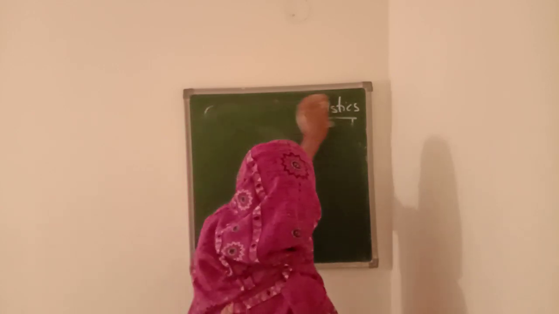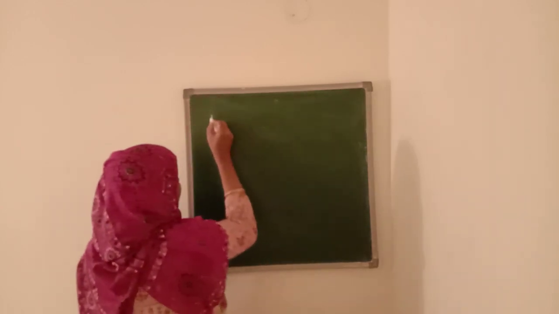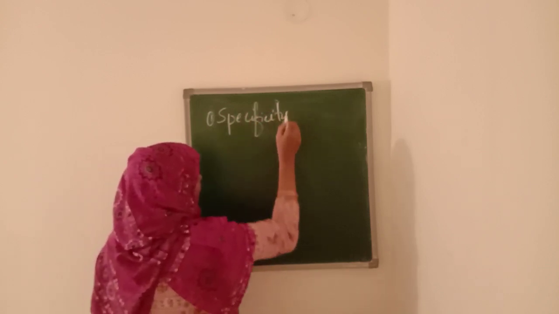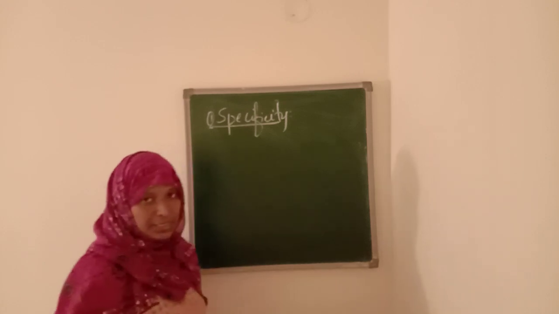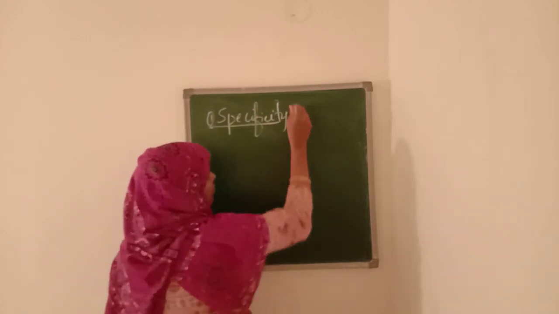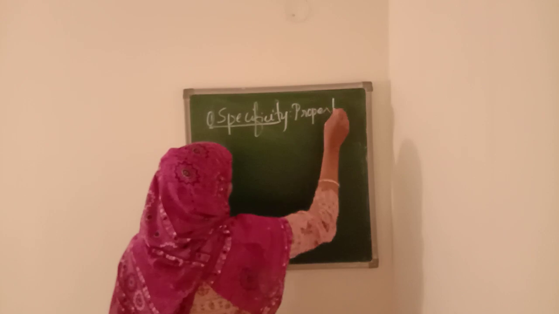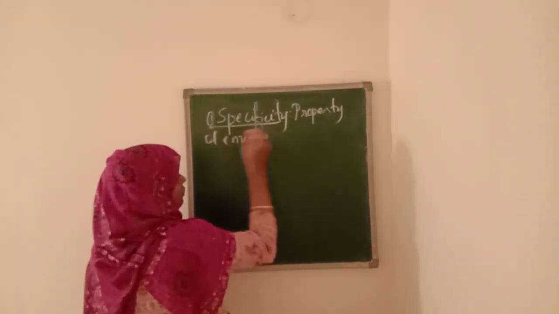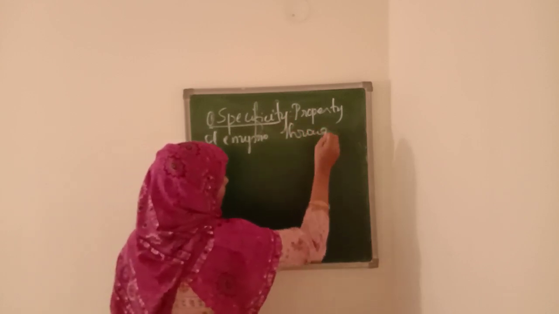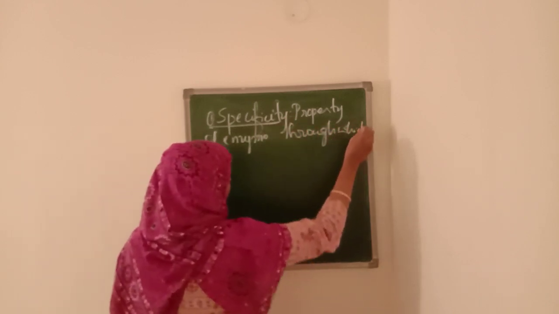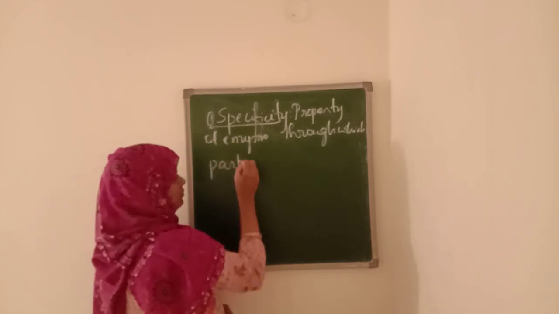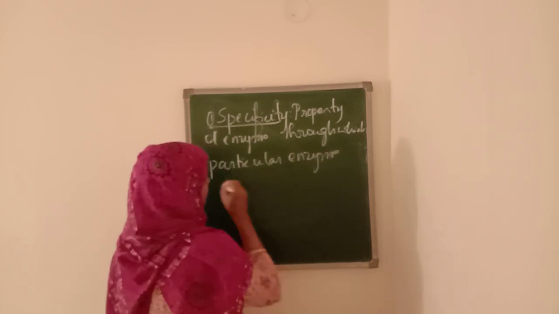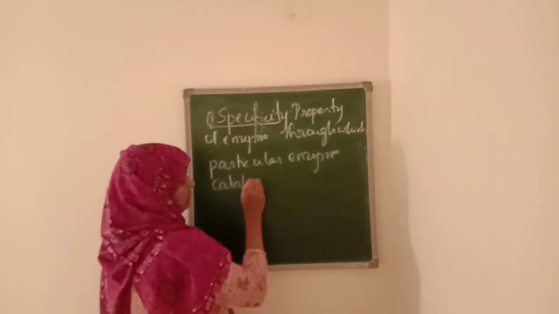So we'll come back to specificity. The most important characteristic of the enzyme is specificity. Specificity is a particular property of enzyme through which a particular enzyme catalyzes only a particular reaction.